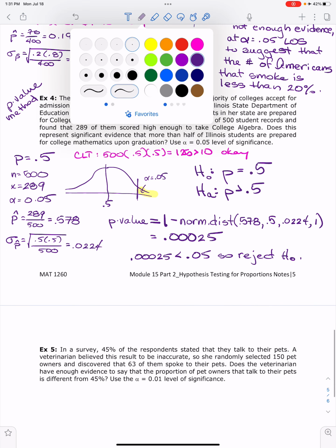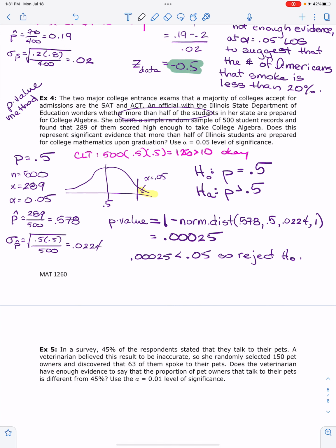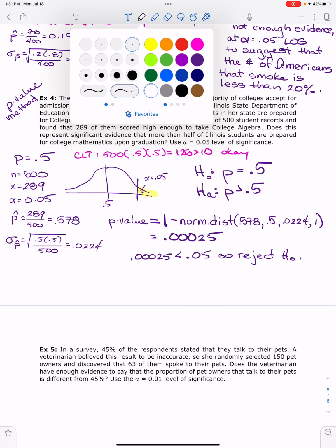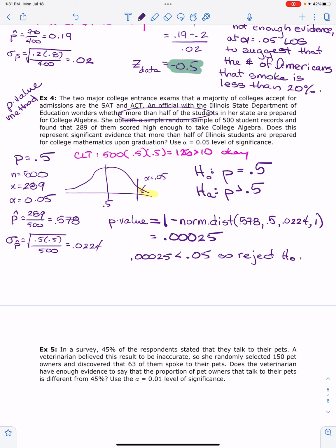Here's what my sentence looks like. We're going to reject H naught.